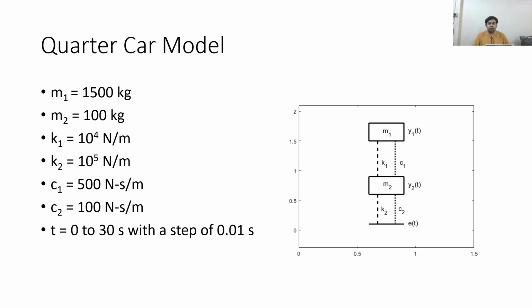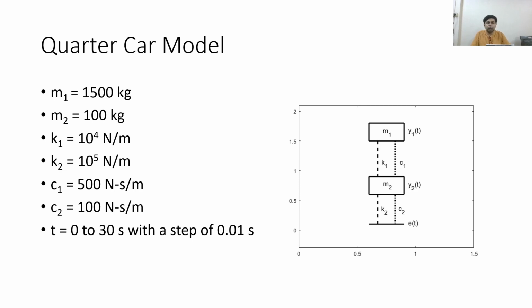So let us say there are four wheels; all the four wheels together are modeled as the mass m2. The stiffness of the tires together is modeled as a spring of stiffness k2 and a damper with damping coefficient c2, and this tire is in contact with the road. Let us say the road profile is given by the function e of t.